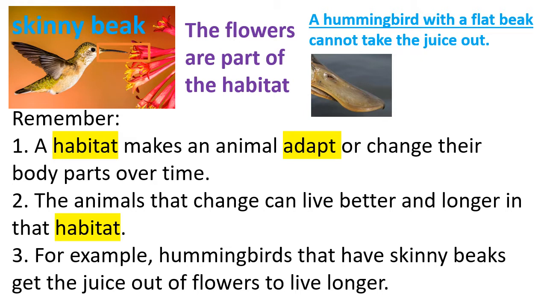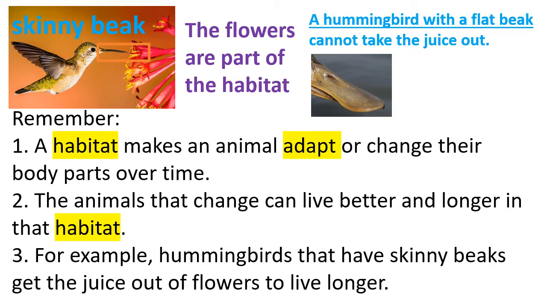Remember in class we learned that a habitat makes an animal adapt or change their body parts over time. Number 2, the animals that change can live better and longer in that habitat. For example, hummingbirds that have skinny beaks get the juice out of flowers to live longer.